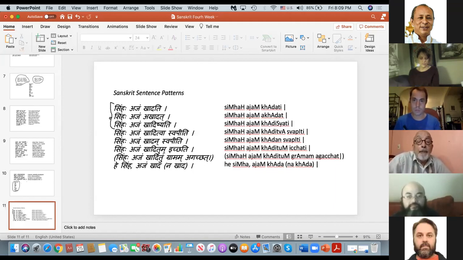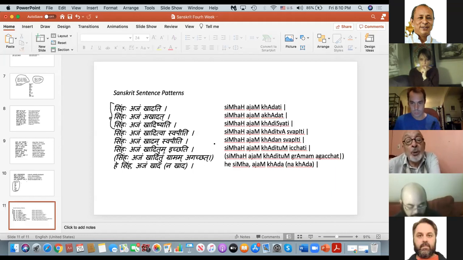Simha ajam khadan swapiti. Khadan: while eating. Khaditva: after eating. Okay, khadan, while eating. Lion, while eating goat, sleeps. He is so tired that the lion was still eating the goat, but at the same time he sleeps. Right? Khadan indicates two things happening together, eating and sleeping.